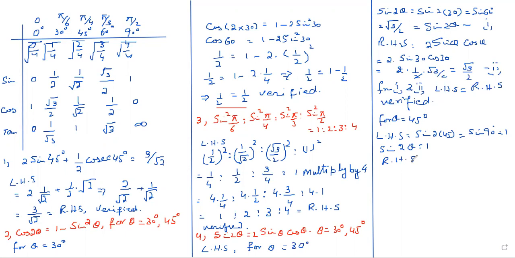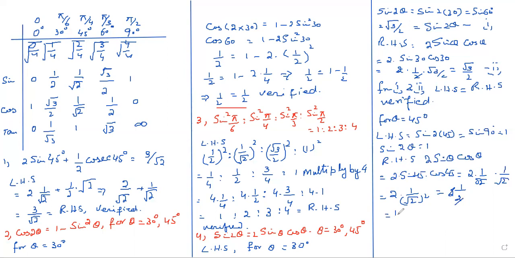Right hand side is 2 sine theta cosine theta, so equals 2 times sine 45 cosine 45, which is equal to 2 times 1 over root 2 times 1 over root 2, so 2 times (1 over root 2) square, equals 2 times 1 over 2. 2 times 1 over 2 got cancelled, which is equal to 1, which is equal to right hand side as well.